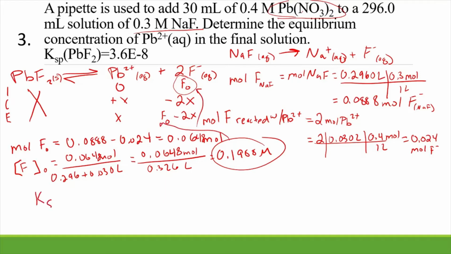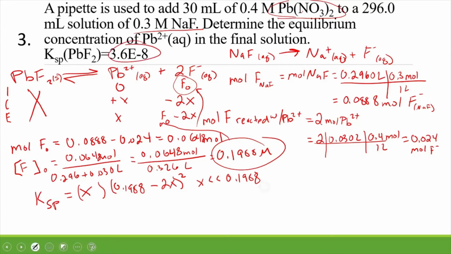Now we can use our KSP expression, which is equal to X times our concentration of fluoride squared, which is 0.1988 minus 2X, squared. We can assume that X is much, much less than 0.1988. Looking at that KSP, it's really small, so the 2X can go to 0.